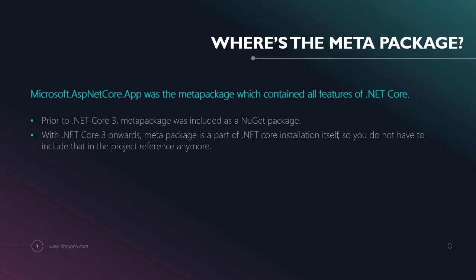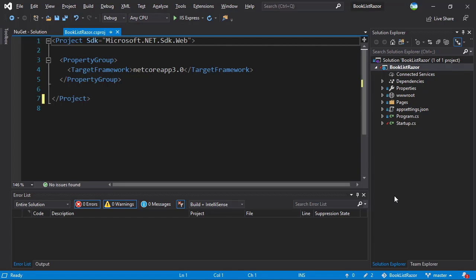So that was a brief overview of where the meta package is. Now with .NET Core 3, you will no longer see the meta package Microsoft.AspNetCore.App. It has been moved within the .NET framework, so it is installed automatically when you install .NET Core.